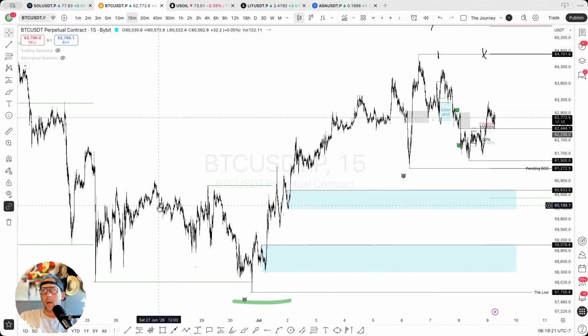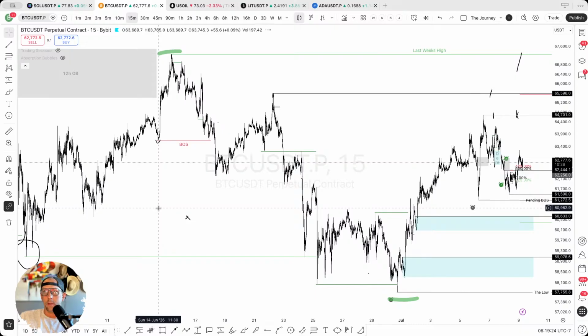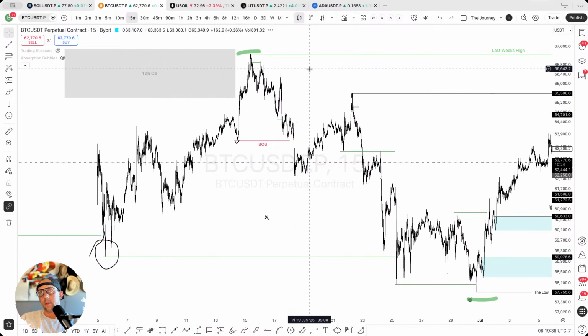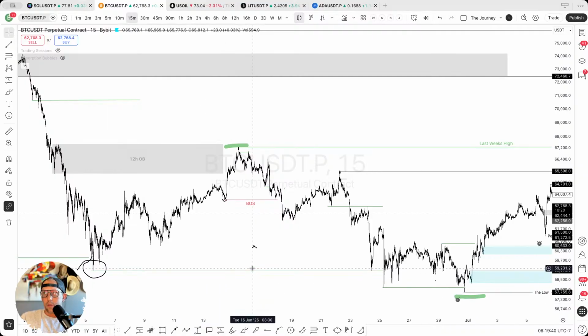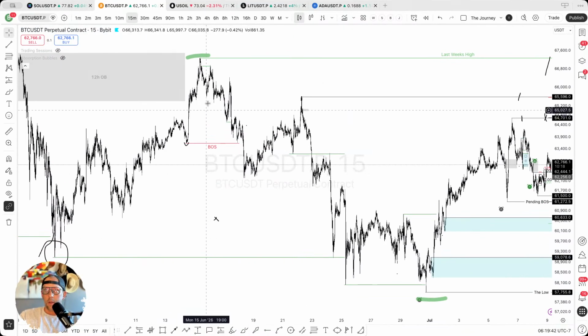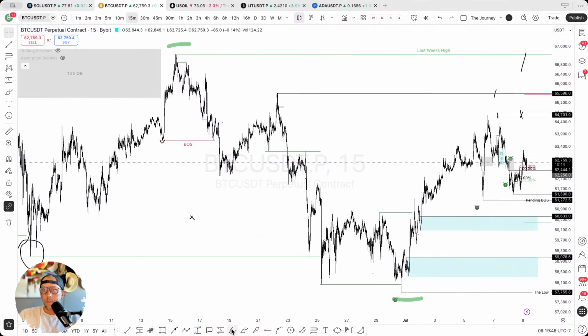All right. So, boy, we actually have a lot of structure to cover. We've already covered it yesterday, but as a reminder, we're not going to talk about this high yet. I want to talk about the structure from here to here, having flipped bullishly here.